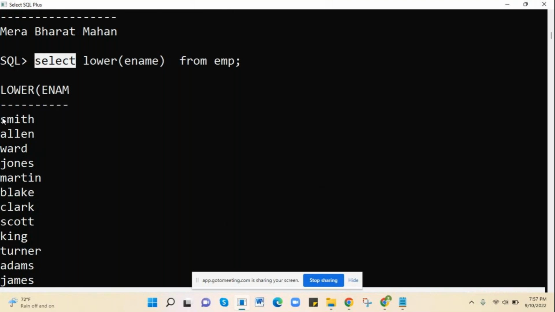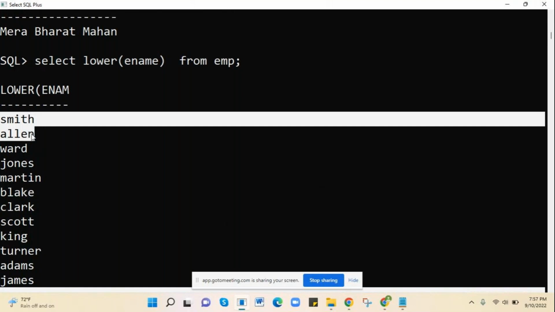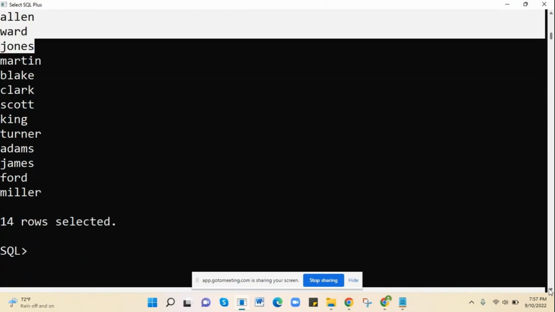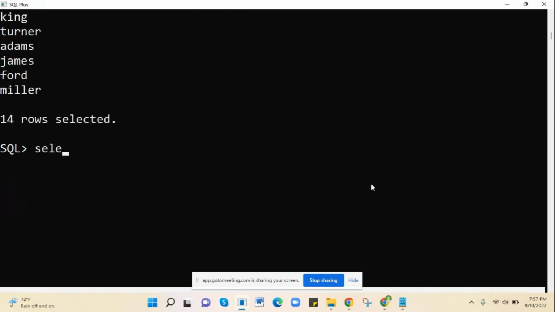But the data which you store in the Oracle table is case sensitive. మీరు క్యాపిటల్ లెస్ క్యాపిటల్ రాయాలి, స్మాల్ లెస్ స్మాల్ రాయాలి. For example, I want to find out employee name, salary, and his job from EMP, where employee name is equal to Smith.